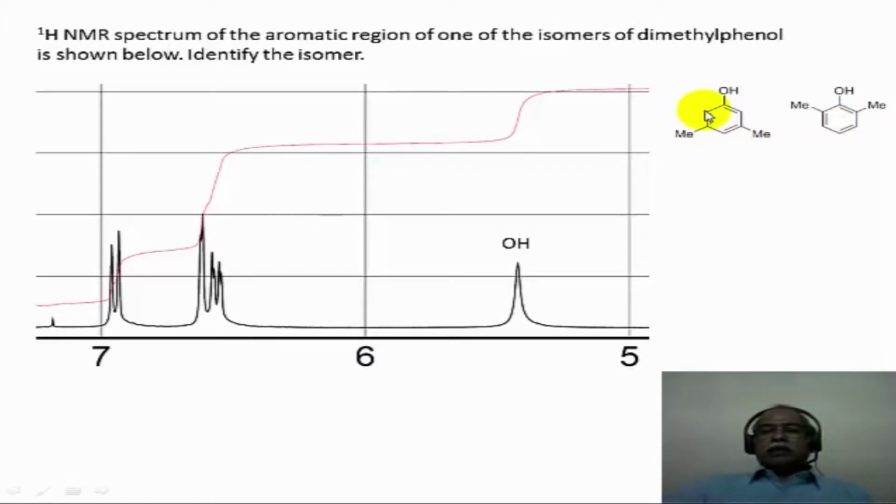Therefore, the hydrogen which is ortho to the hydroxy and the other hydrogen which is ortho to hydroxy, in other words the hydrogens in the 2 and 6 positions, are chemically identical, and the hydrogen in the 4th position is different from the other 2. Similarly, the hydrogens in the 3-5 positions are identical in terms of chemical nature, and the hydrogen in the 4th position is different. So these two isomers will essentially give only 2 chemical shift values because of the symmetry present in the molecule.